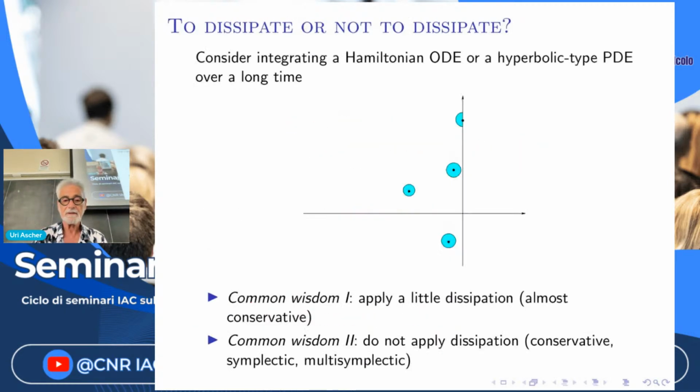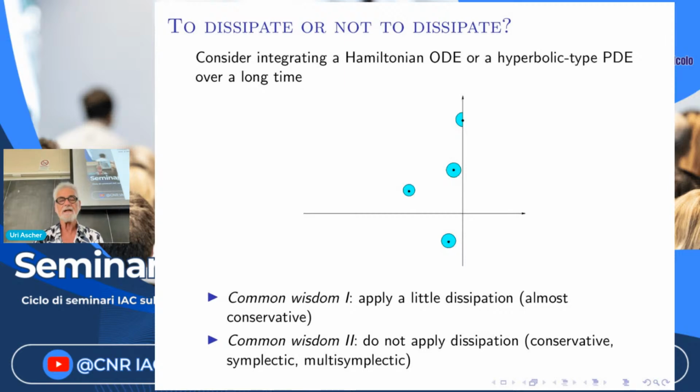There have been two common wisdoms used in practice. One of them: use a numerical method that applies a little dissipation, so that when the little errors add up, you see only the last ones, so to speak, because everybody else has already been dissipated. And then common wisdom 2 says the opposite.